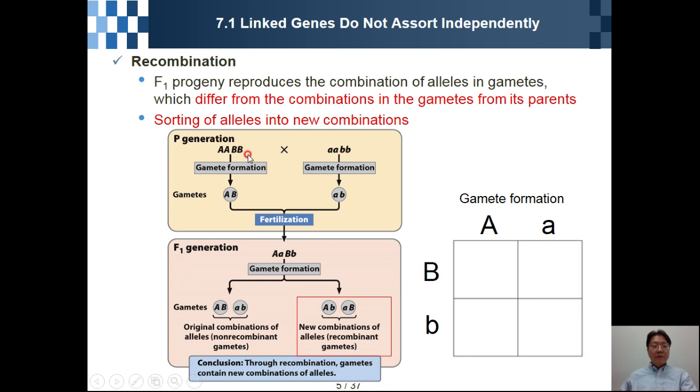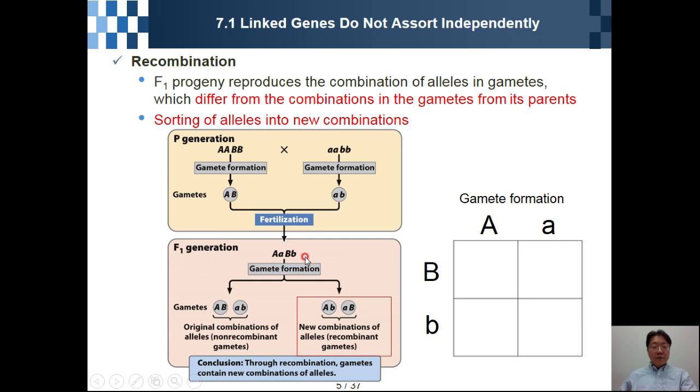When they make gametes, one parent will have the large A, large B gamete, and the other parent's gamete will have small a, small b. After fertilization, the F1 generation will have large A, small a, large B, small b.